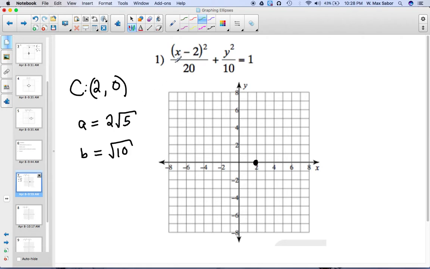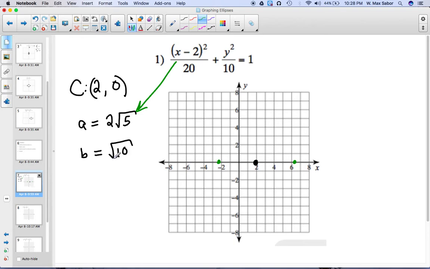So we use this to go 2 square root of 5 to the right and left. Well, I know square root of 20 is going to be somewhere between square root of 16 and square root of 25. So it's going to be a little bit like that and like that. So I'm going between 4 and 5 away horizontally.